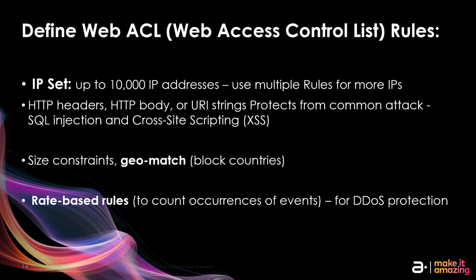It shouldn't be that someone downloads all your data and uploads it on their own web page. So by size constraints, they can define a target that no more than this much data can be transferred or downloaded. You have geo match, where you can block a particular country from accessing your application.